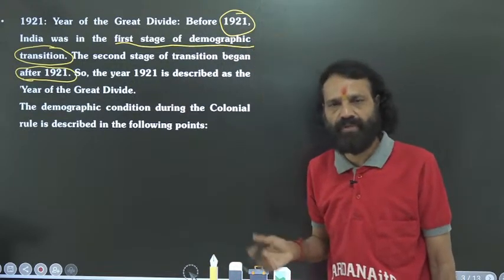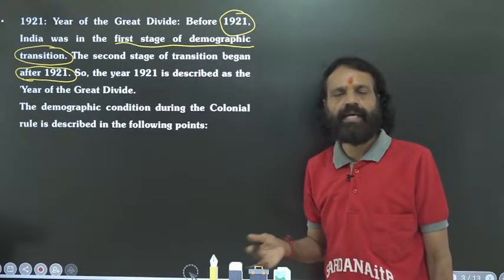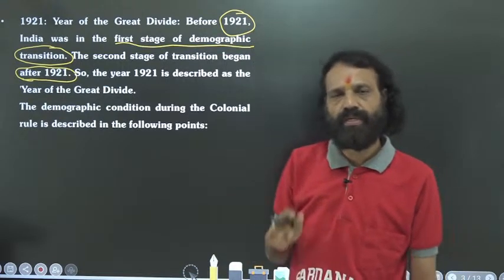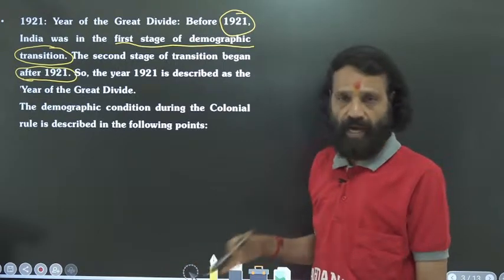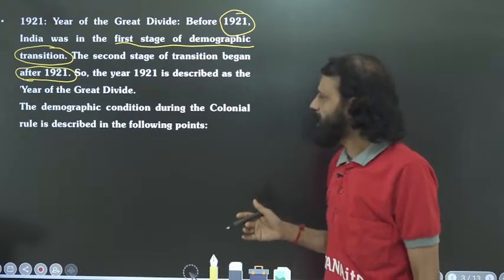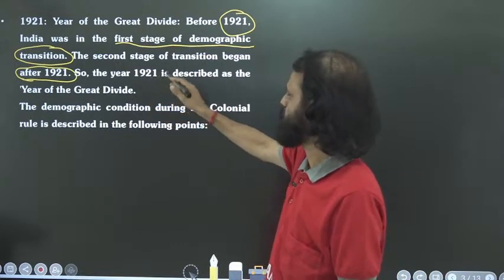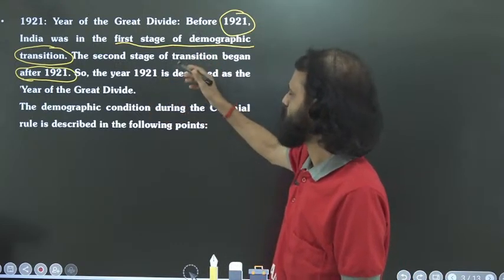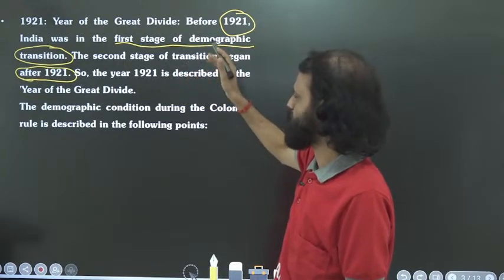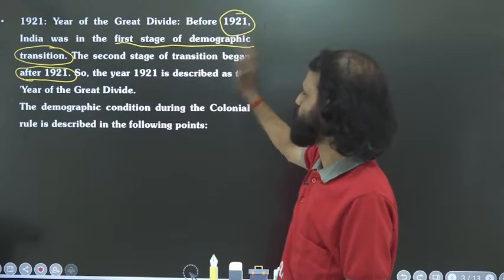After 1921, the real, exact study of demography started. The calculations and measurements exactly took place.